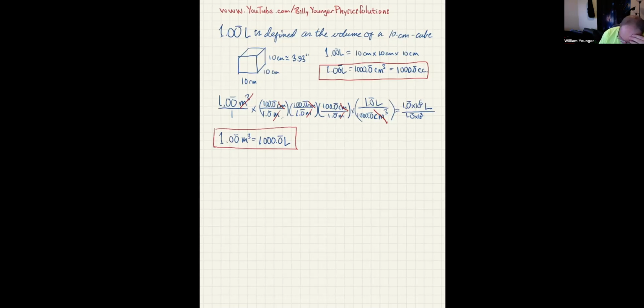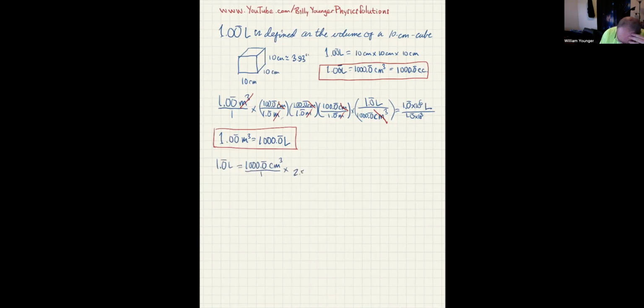So what I do know is that 1.0 with a bar over it liter is equal to 1,000.0 with a bar over it cubic centimeters. And I happen to know a nice conversion between centimeters and inches. That's why I'm going with that one. I'm going to put it over 1 for the reasons previously discussed.